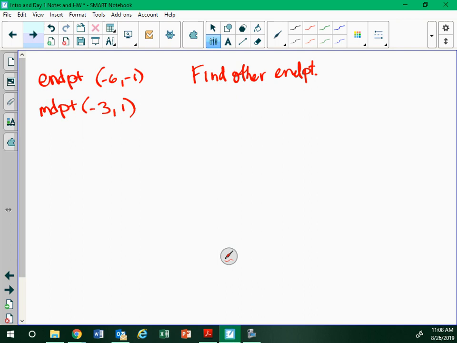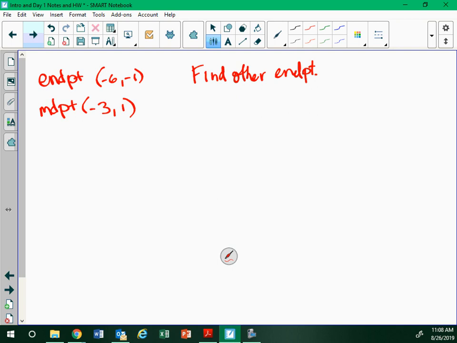We could find the distance of that, but the problem is, suppose I find the distance is square root of 13. Awesome. I know I need to go another square root of 13, but we don't really have any way to figure out where exactly that lands. So the distance formula, although it seems like it might be a good way to solve for their endpoint, you're going to run into an issue where you don't have enough information to solve.